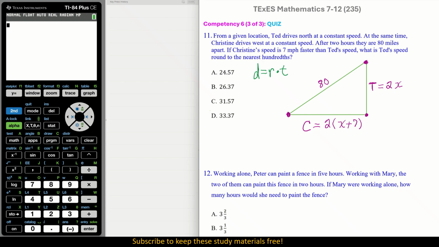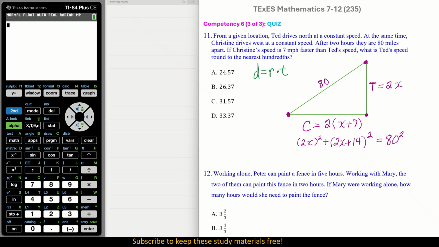We're going to say Ted is A, so we're going to take x, 2x, and square the whole thing, because all of Ted's expression is A. And then for our B squared, that will be 2x plus the 14, square the whole thing. And all of that equals our hypotenuse of 80, and we will square it. So now we have our a squared plus b squared equals c squared.